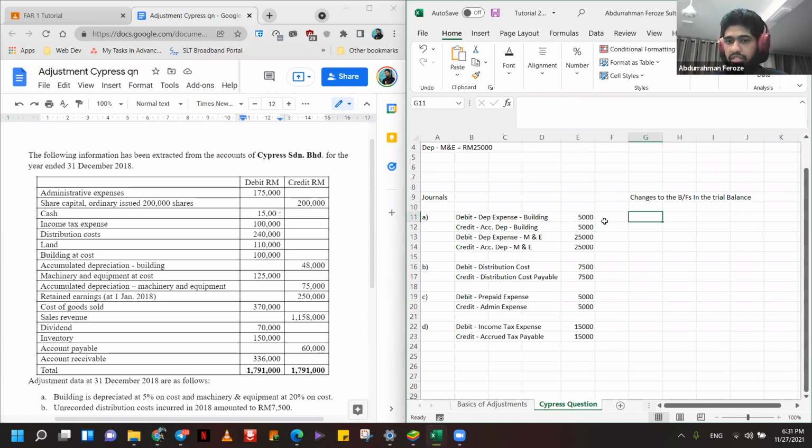Here, depreciation expense for the building has increased by 5,000. Now there is no such entry here, so we have to create a new one in the trial balance. So we put depreciation expense building 5,000. And then the other one is accumulated depreciation building.